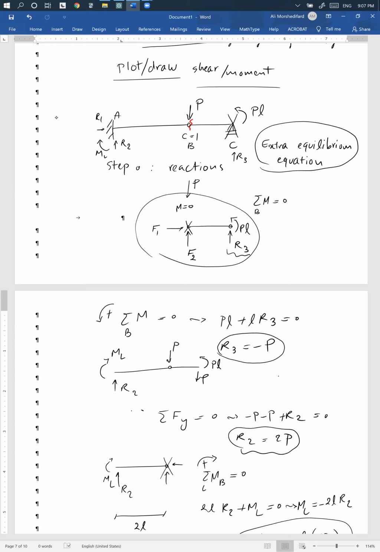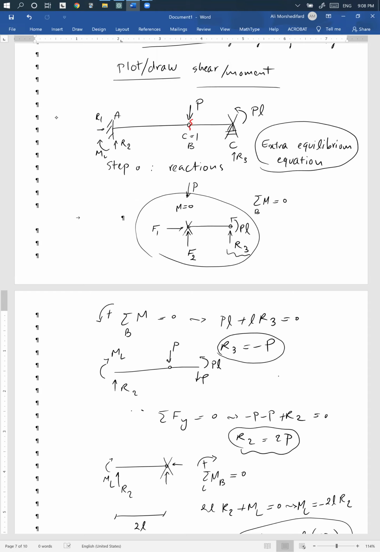Imagine that I'm making the cut just a tiny bit to the right. Then there is no P on this segment. But even if you put this P here, because I'm taking the moment about this point, the P passes through this point. Nothing changes.